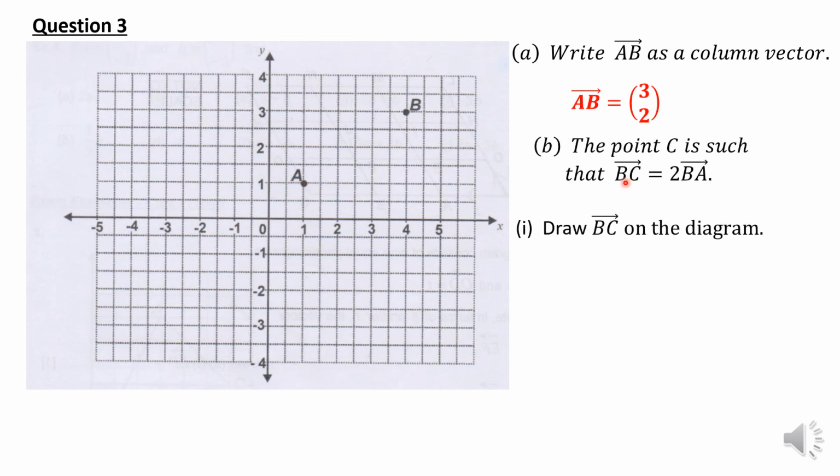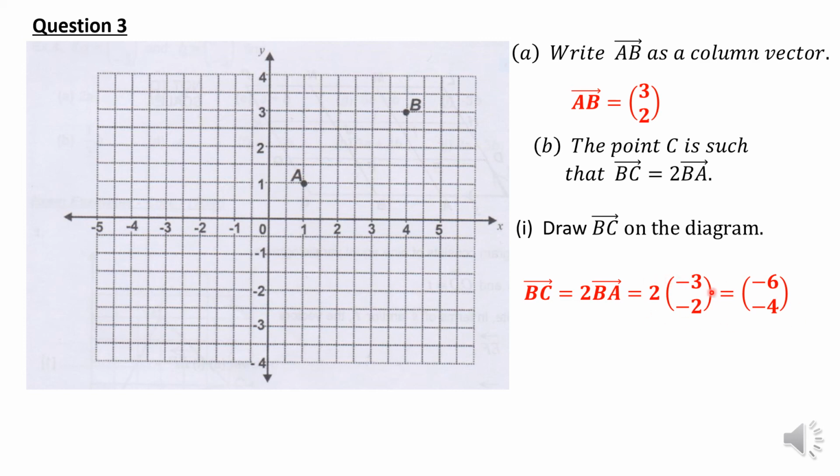Then they are saying point C is such that BC, B to wherever C is, is 2, but against AB, 2AB. Okay, so actually, I think that one can find that if one works it out. 2BA, so it's not 2AB, but 2BA, all right? So when you are finding 2BA, we go from B to A, we know that you are going in a negative direction, that's -3 here, and -2 down there.